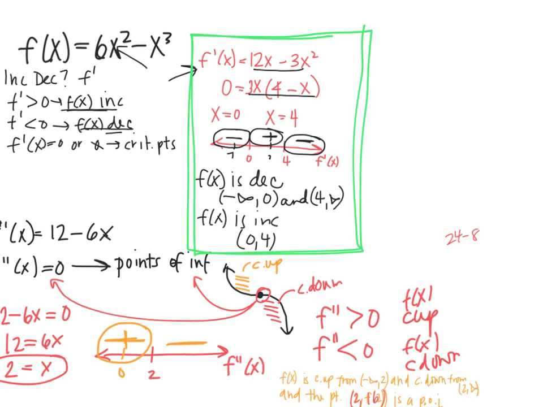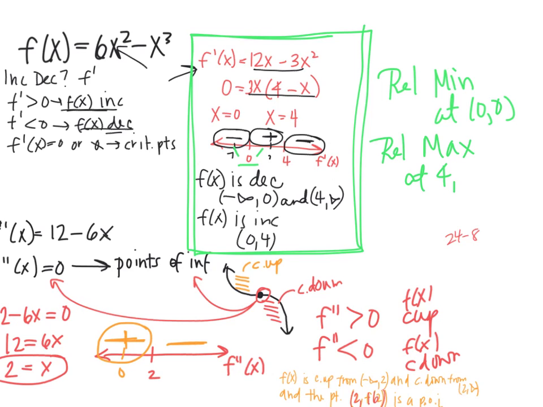Well, we're going from decreasing to increasing at 0. So we have a relative minimum at (0, f of 0), which is (0, 0), because here's the function. And we have a relative maximum at 4, comma, 32, which is f of 4.